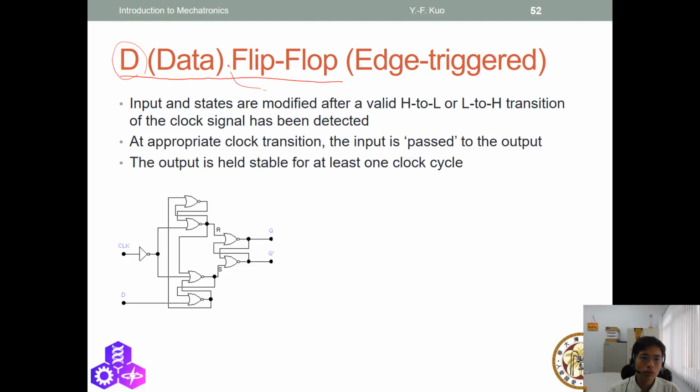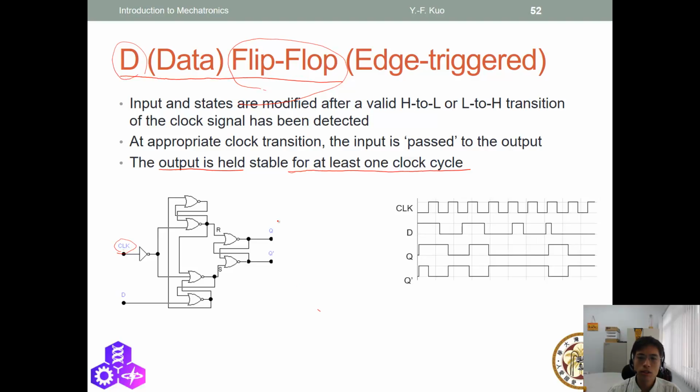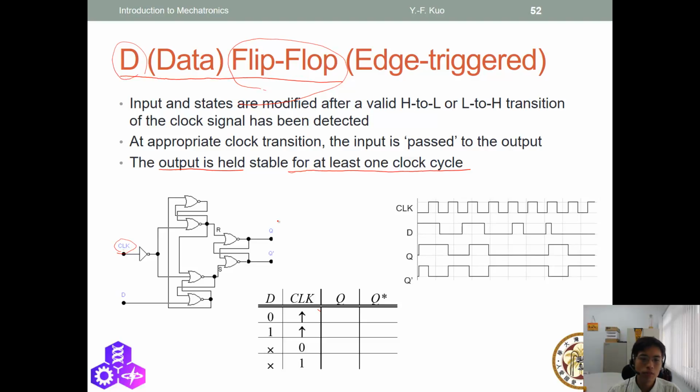In this pseudo circuit diagram, you can see there's a clock here. The output is memorized for at least one clock cycle. So it remembers your previous output Q. And this is the timing diagram.